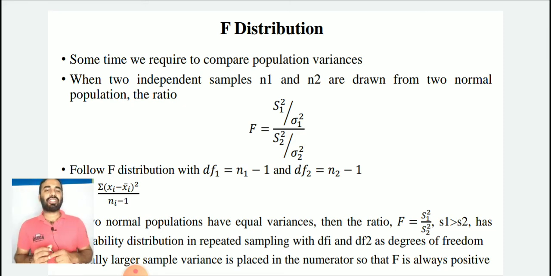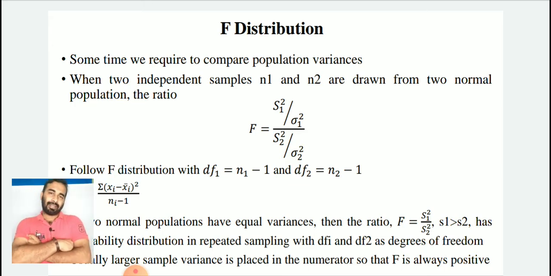We have seen that in order to check whether the population mean is significant or not, we can use z-test or t-test. And if we wanted to check whether there is a significant difference between two population means, again we can use z-test or t-test. So that's all about mean and proportion.